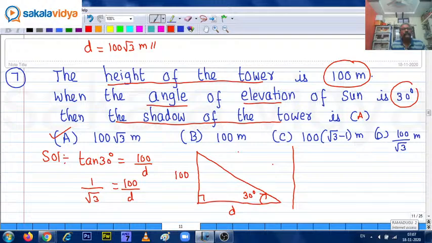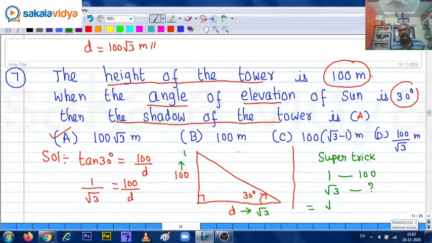But now, super trick. What is the super trick? Very simple trick. For 30 degrees, this is only one part. D will be root 3 parts. One part is 100. We need root 3 parts. Is how much? That means root 3 by 1 into 100.